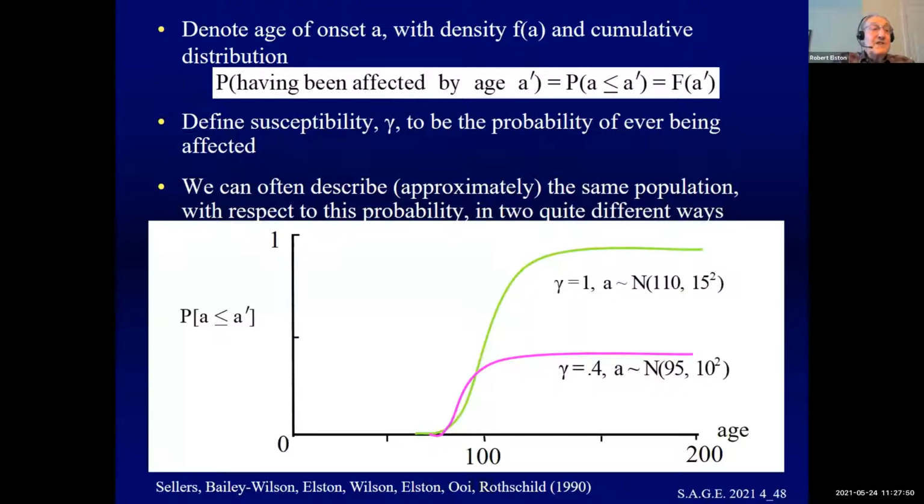So look at this. We've seen this picture before, and you can see up to age 100, they're pretty close. Once you get past 100, they're completely different. This one has gamma equal to 1, with a normal distribution with mean about 110, variance 15 squared. This one, gamma equals 4, and the age of onset has a mean of 95 and variance 10 squared.